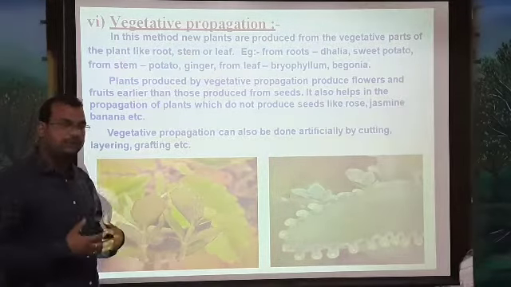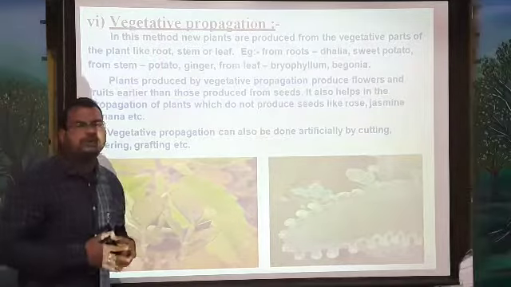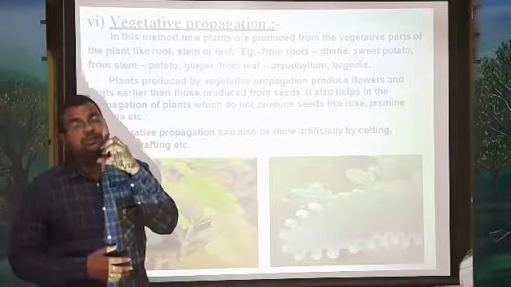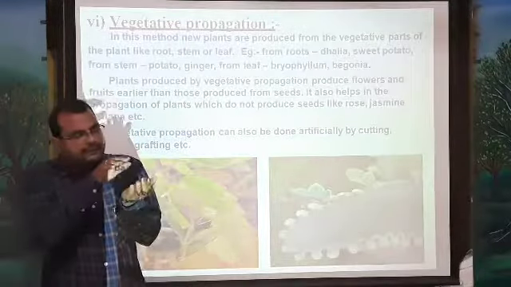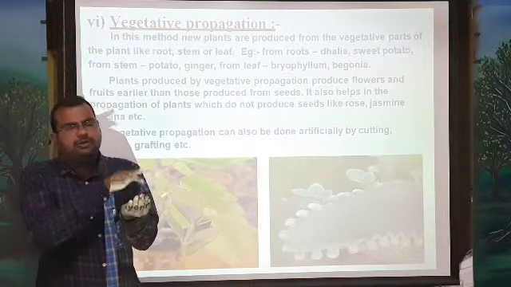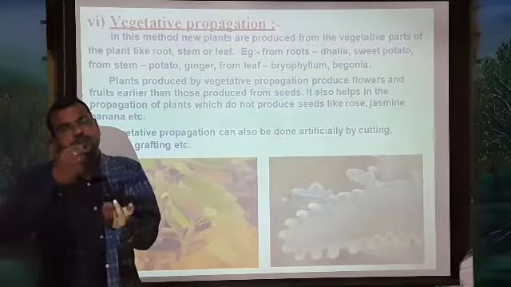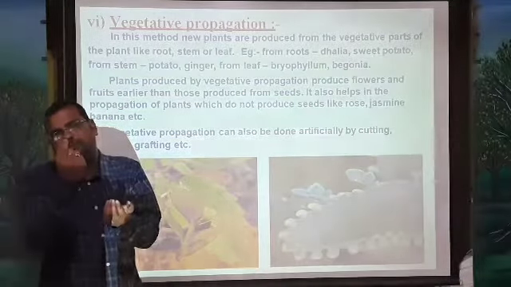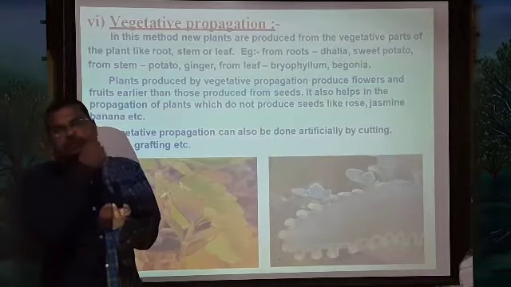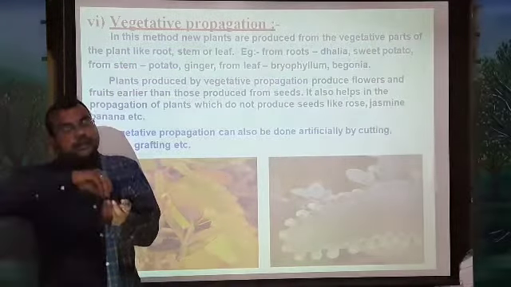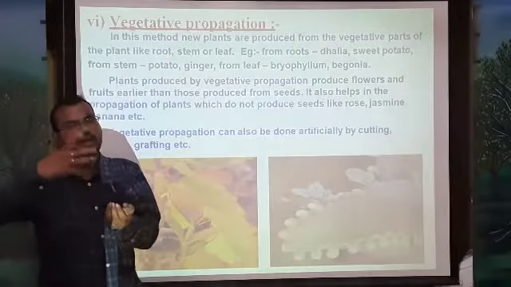In the normal potato that we eat, it is called an underground stem. In your home, after 3 or 4 days, the potato is going to produce a small baby plant on its body. That plant becomes a new individual.